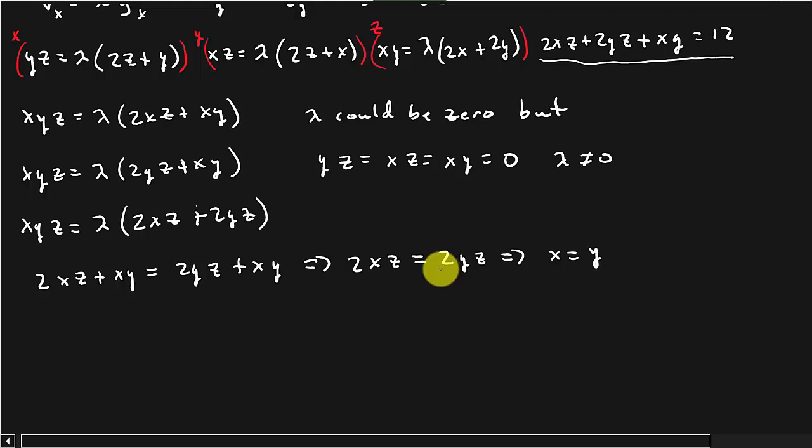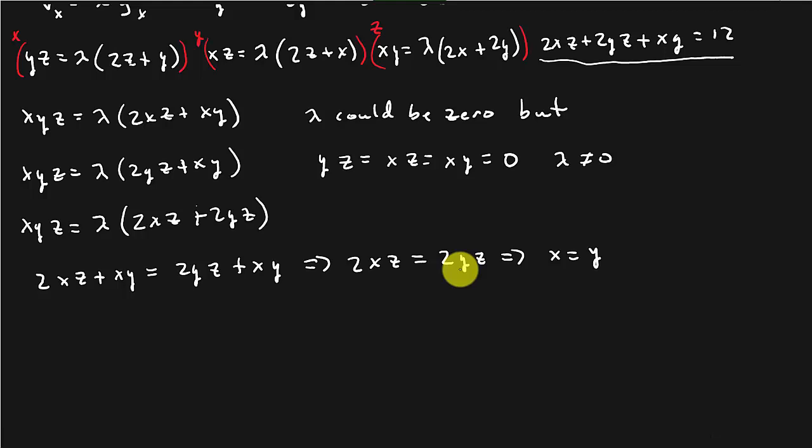I can divide both sides by 2, and I can divide both sides by z because we know z can't be 0, so I wouldn't be dividing by 0.